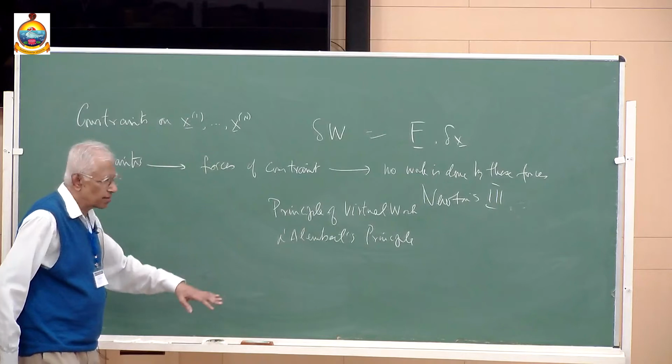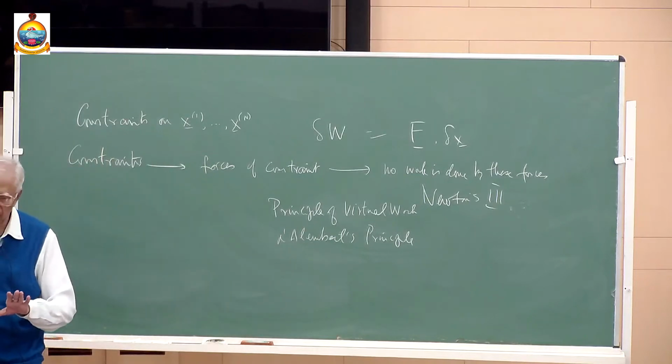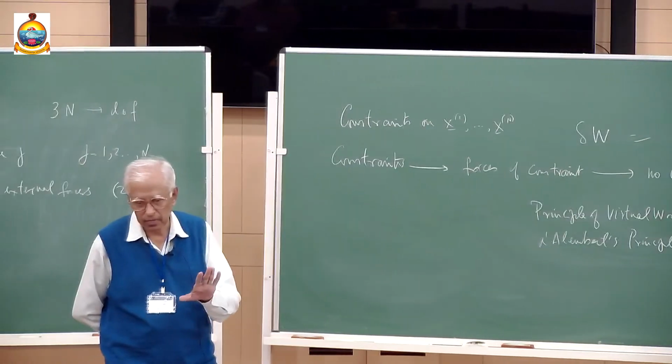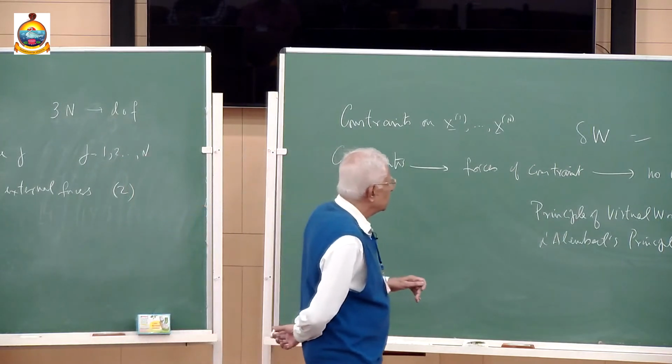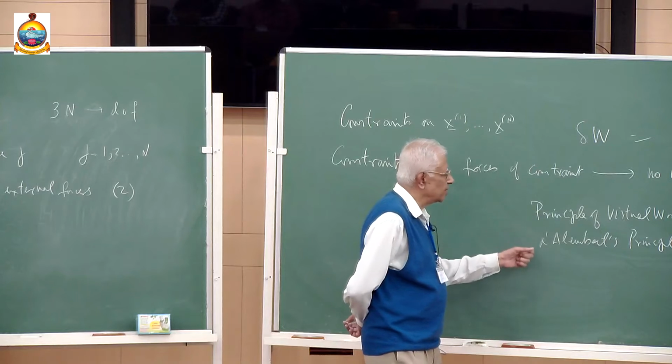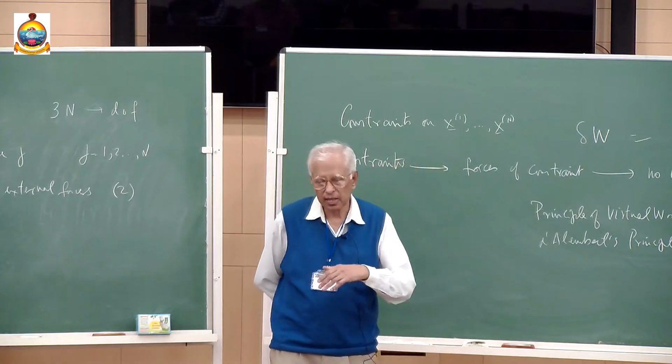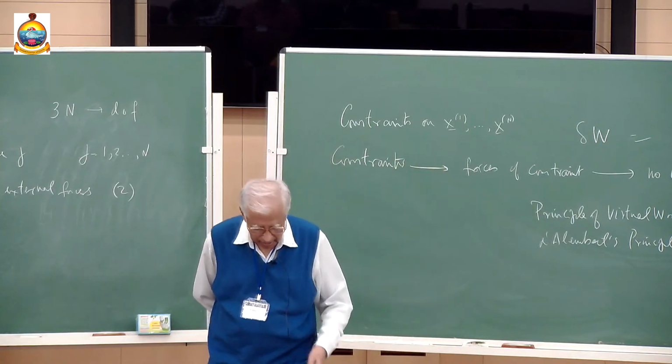The principle of virtual work is a statement about a physical system in equilibrium, not moving at all. D'Alembert's principle is a generalization of the principle of virtual work for the general situation where there is motion.